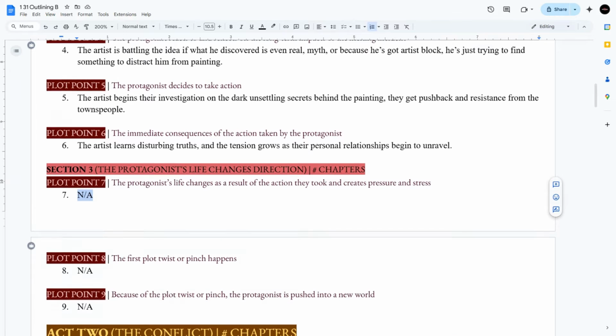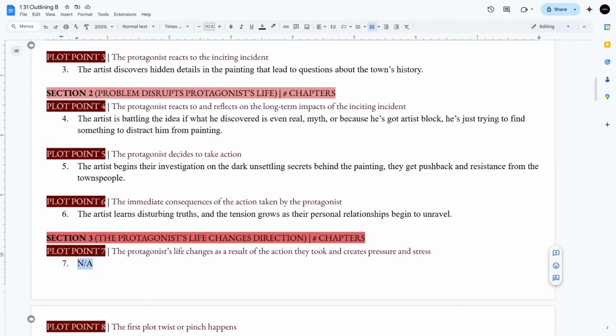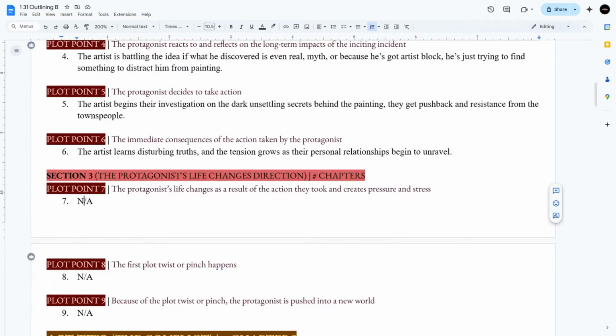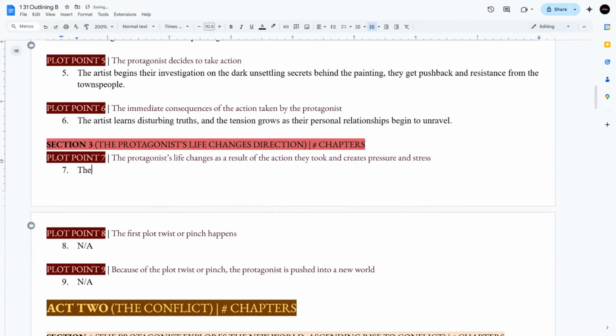Let's see. They investigate the thing. The town tries to discredit the artist, causing more issues for them.